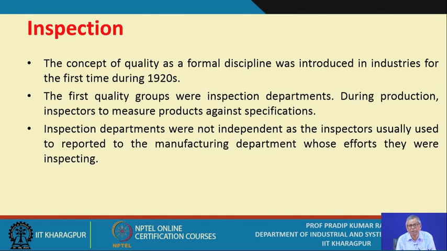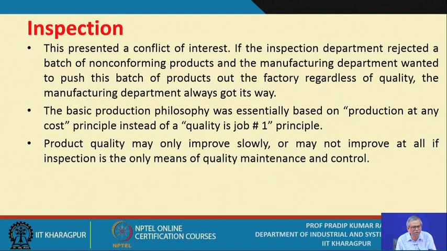That means essentially, the workers never used to have independent authority to assess the quality. They used to be treated as only the producer. They used to produce, and once it is produced, obviously the inspectors used to join in and they will ascertain whether the quality specifications are conformed with or not.